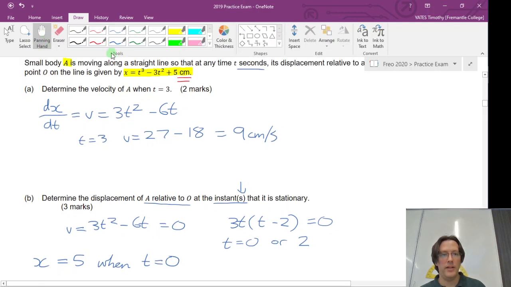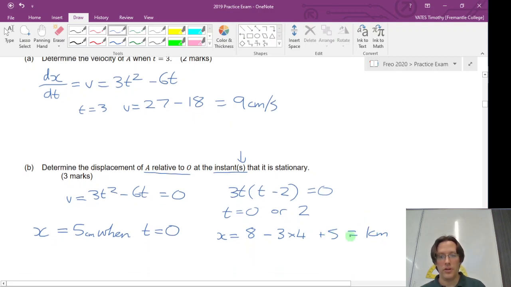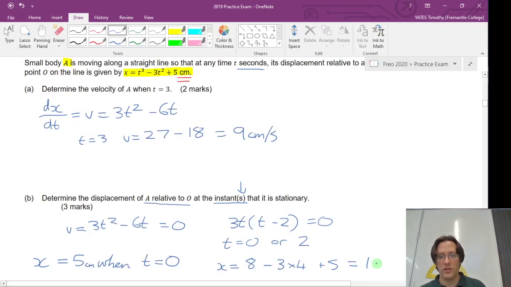And the other one is x equals t cubed, that is 8, take 3 times t squared, so that's 3 times 4, plus 5, which is 8, take 12 plus 5, or 13 take 12, which is 1. And let's put in our units. So, 1 centimeter.